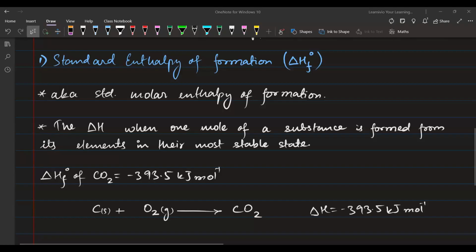Put this down, then we will do a few enthalpy of formation. You have to write the equation for them. Please copy this down.